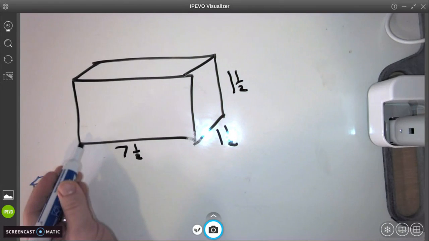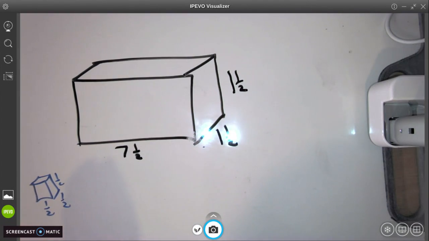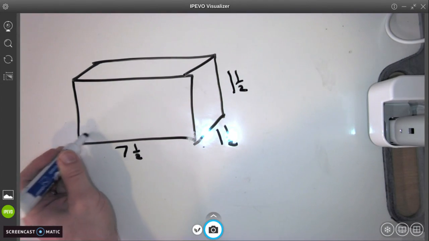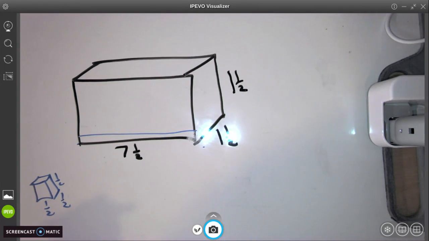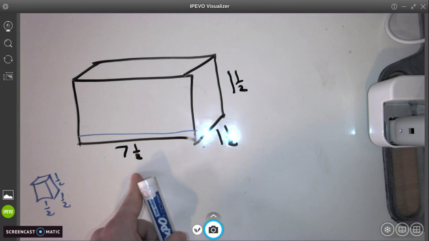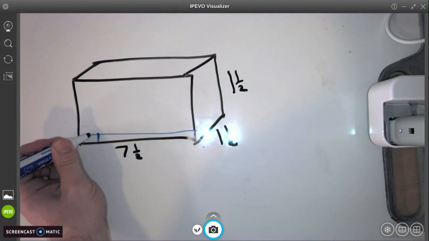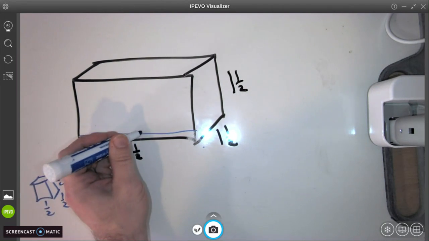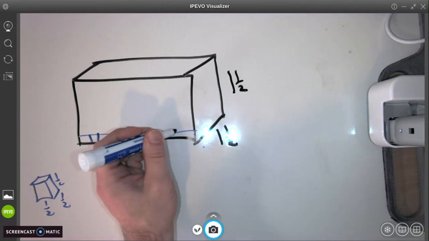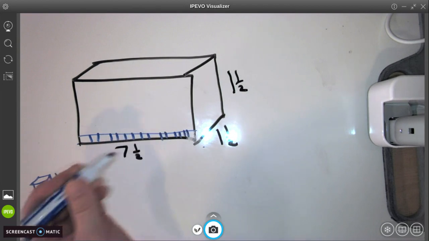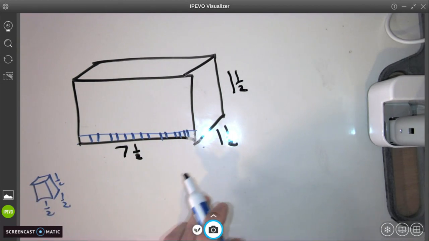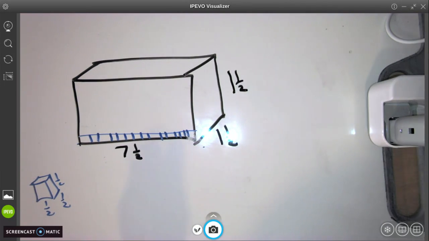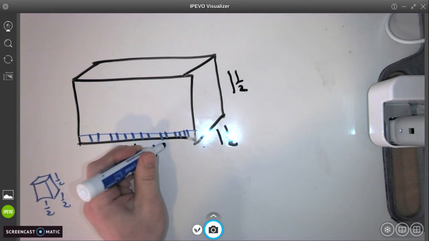If I want to figure out how many fit along the length, how many halves can fit into 7.5? Well, 2 halves can fit into an inch. So the first inch is going to have 2, second inch, third inch, fourth inch, fifth inch, sixth inch, 7 inch. I know this isn't really to proportion, but there's going to be 15 halves.